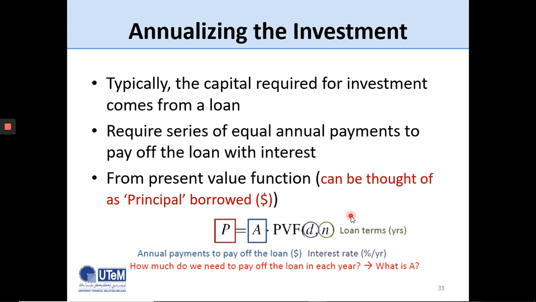So we need to know, if we are charged a certain interest rate per year from our bank loan, how much do we need to pay off the loan in each year? How do we determine whether the amount of profit that we need is enough based on the amount of loan that we need to pay each year?